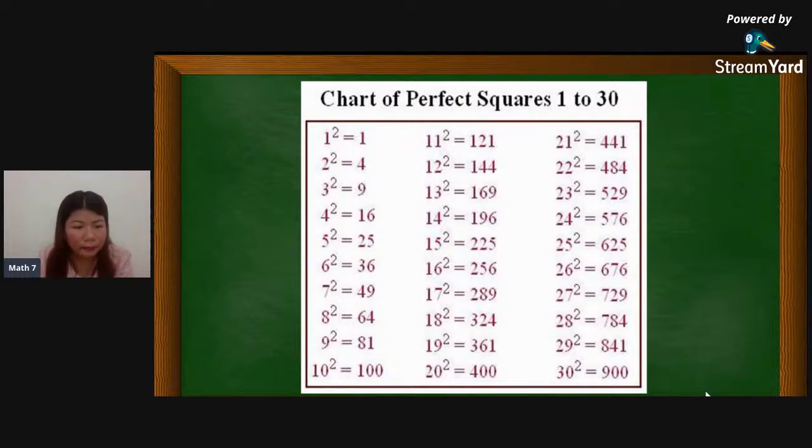Yan yung mga sagot, ang tawag natin dyan, perfect square number. Kasi kakailanganin natin yan mamaya.